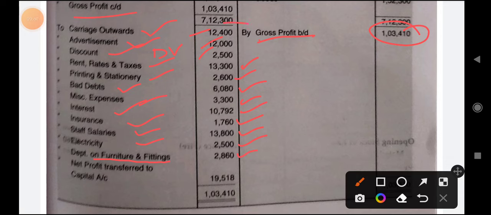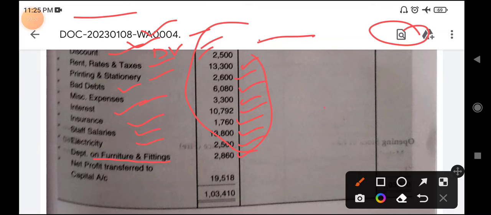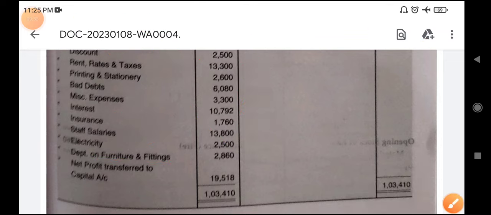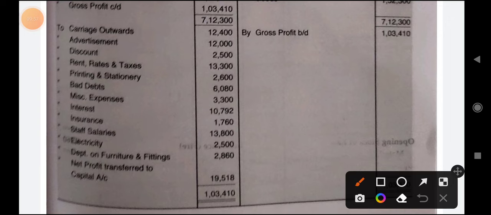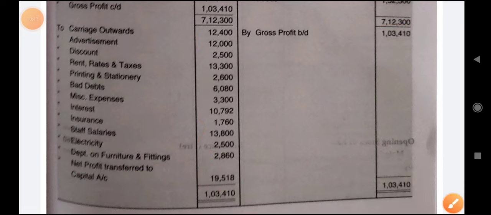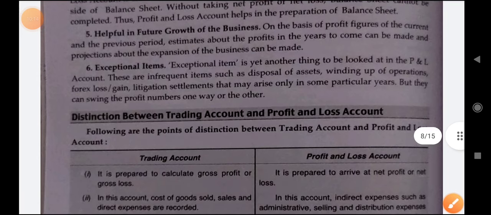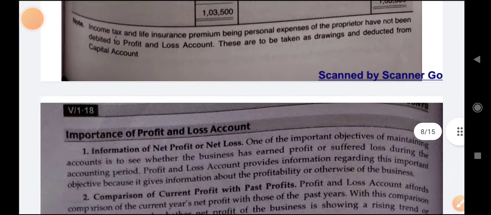If we deduct all these indirect expenses from gross profit, we will get net profit transferred to capital, 19,518. This is how we need to prepare manufacturing account.